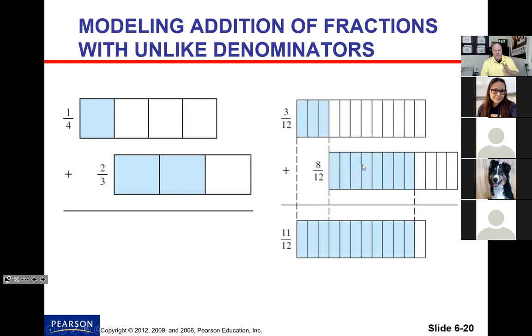The 2/3 can be broken down into 12, but the shading is 8 of it. Then we add those pieces together. I've got 3 here and I've got 8 here, so the total is 11 out of 12. That is a visual demonstration of how to do it with unlike denominators, but eventually you're going to be teaching it by multiplying both the top and the bottom by 3, and both the top and the bottom by 4. That's the more common way to do it.